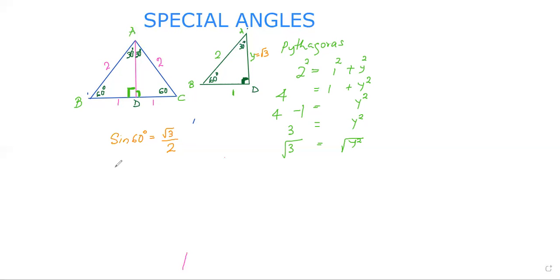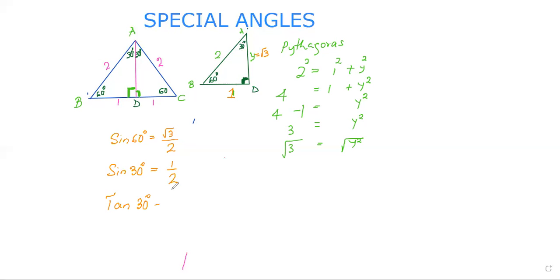And then we can also look at the sine of 30 degrees. By definition, sine is opposite over hypotenuse. The side that is opposite to 30 is 1. The hypotenuse is 2. We can also get the tangent of 30 degrees.